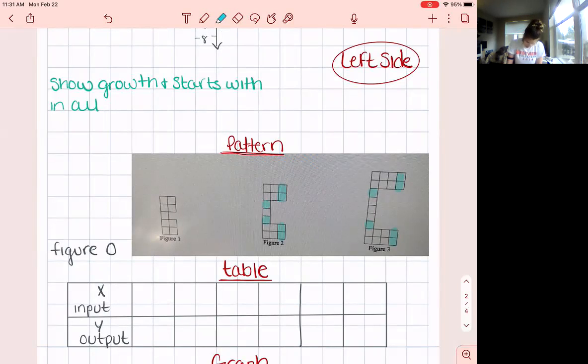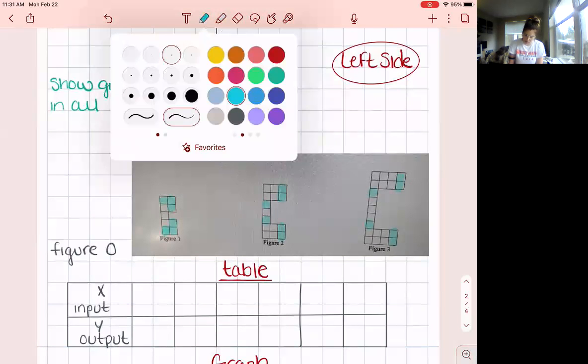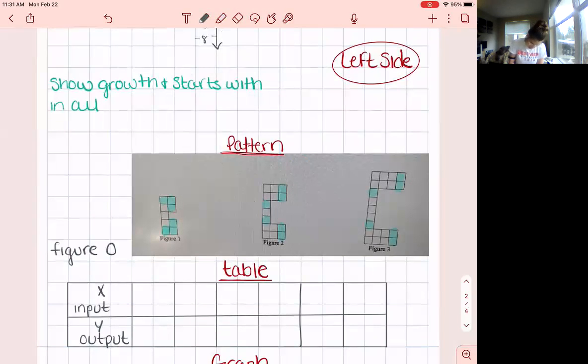So that would mean that these would have been new, and one of those would have been new. So figure 0 was kind of a tricky one for this one, but what I see it as is just 3 squares for figure 0, and then we will circle it because that's your starts with.